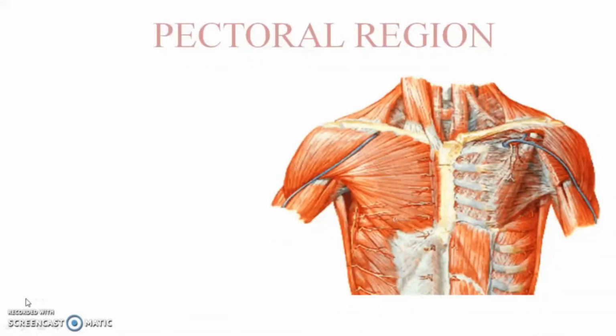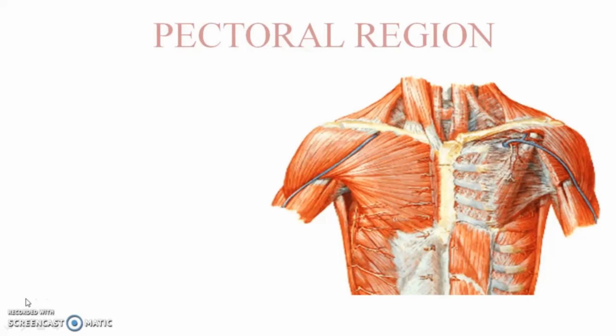Now we are going to see the details of the pectoral region. I believe you might have oriented now by seeing the videos I showed before. Now we are going to see the descriptive part of this pectoral region, which you can understand in a better way.